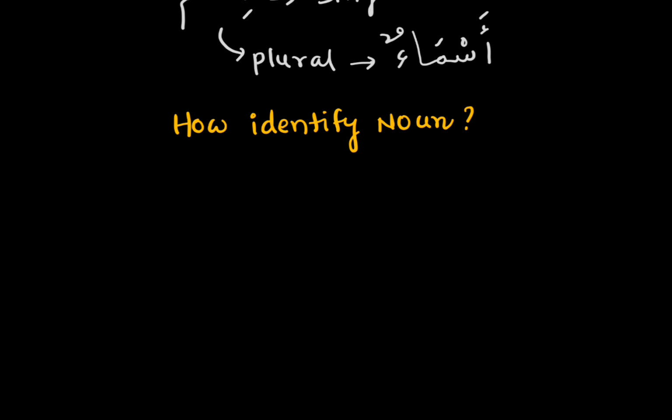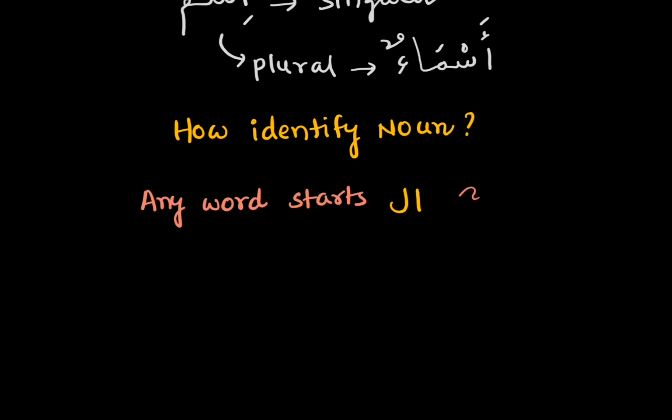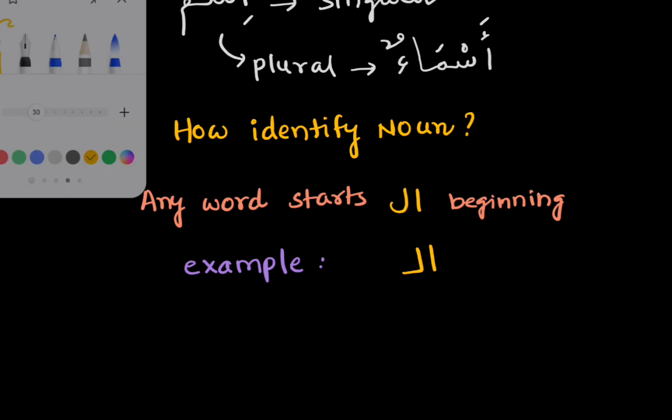So any word which starts with alif lam at the beginning is a noun. For example, ar-rasulu.